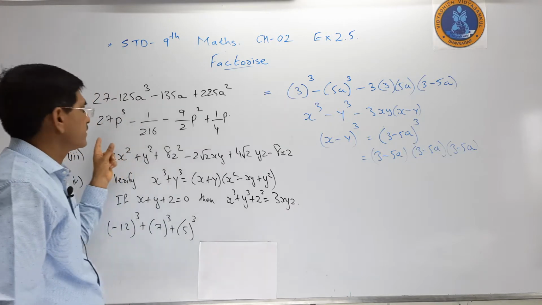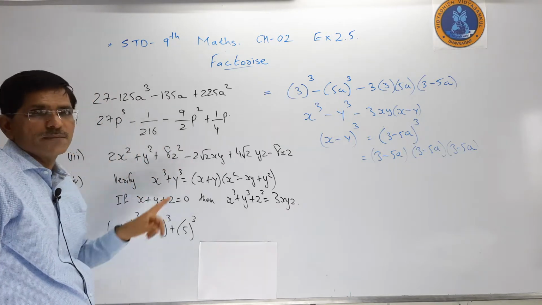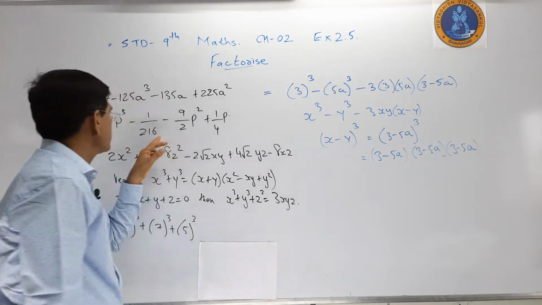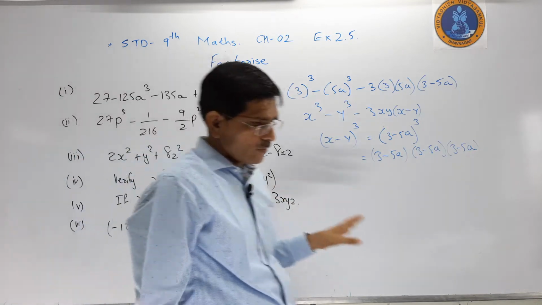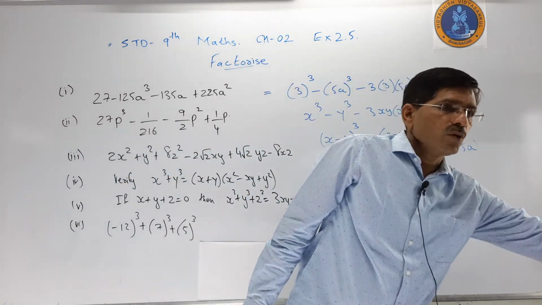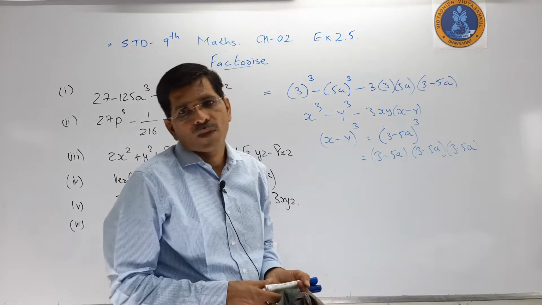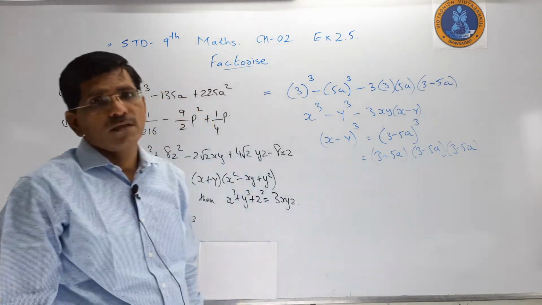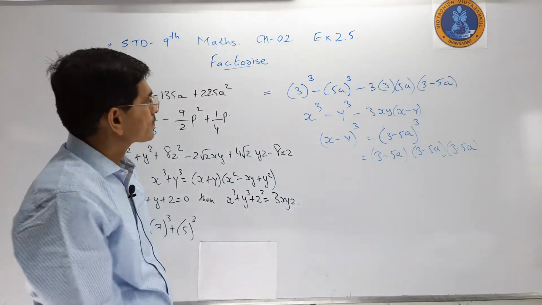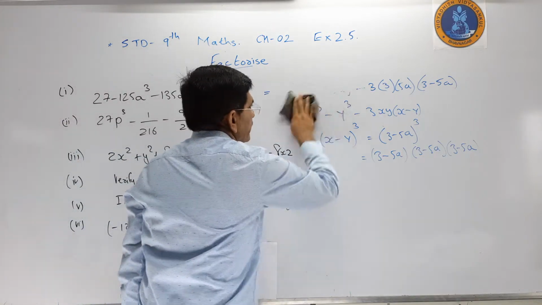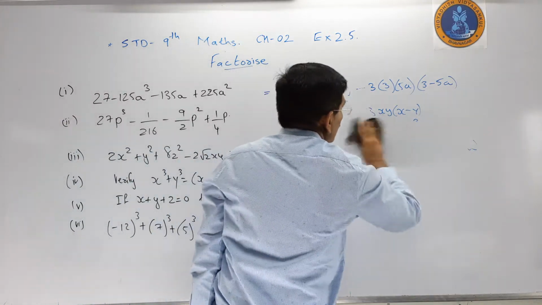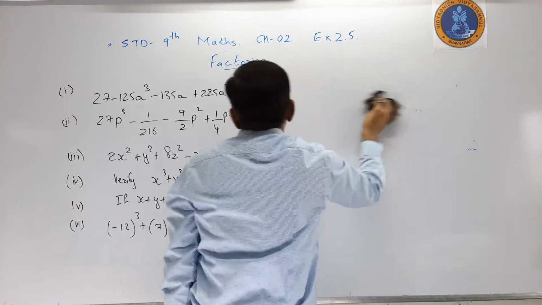Same sum here, but here fractions are there. Whenever we are doing the cube identity, we must know the 1 to 10 cubes.